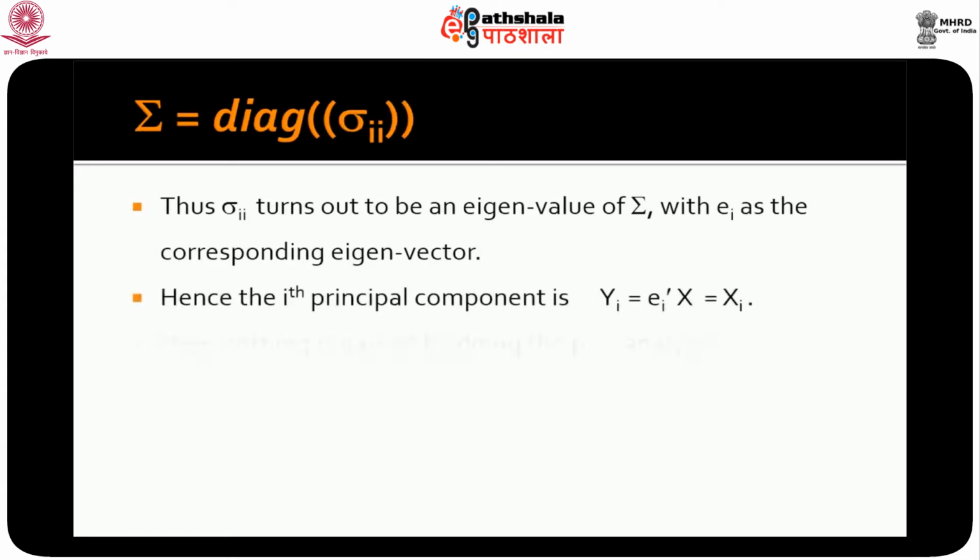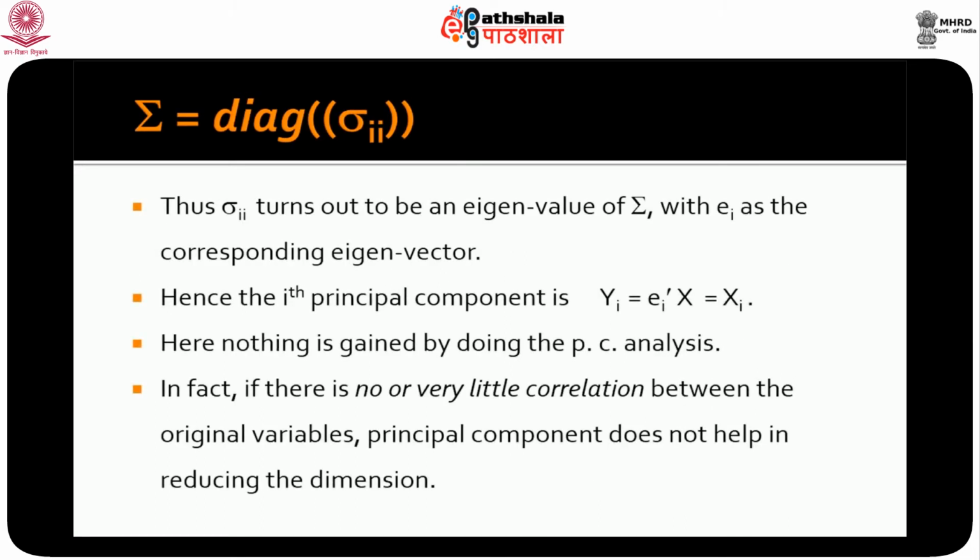If we can write it this way, it at once tells us that sigma ii is an eigenvalue of sigma, and the ei's are the corresponding eigenvectors. So in this case, the ith eigenvalue-eigenvector pair is sigma ii, ei.